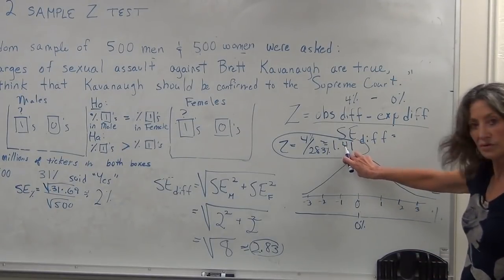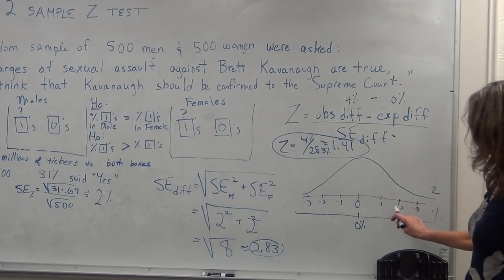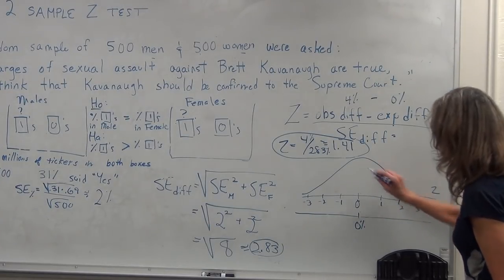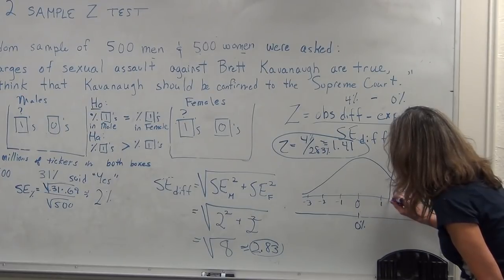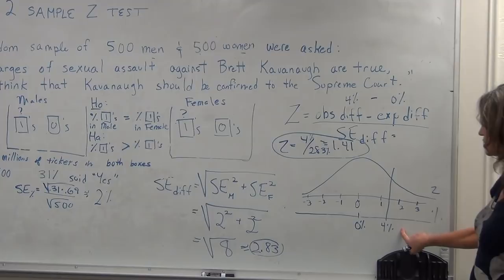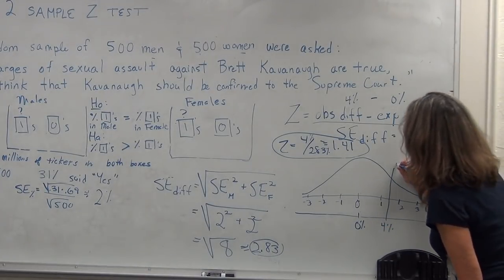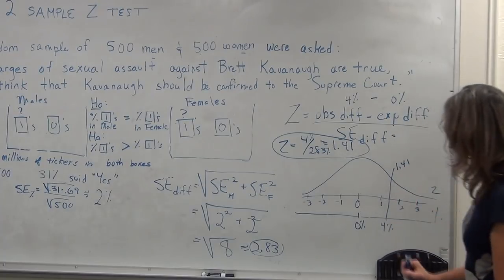So 4% matches up with 1.41, it's not way out here. That's where 4% is. As a percent, it's that, but as a z-score, as a pure unit, it's 1.41.